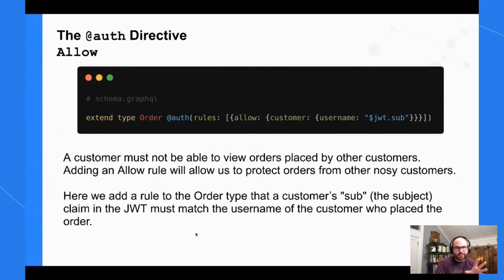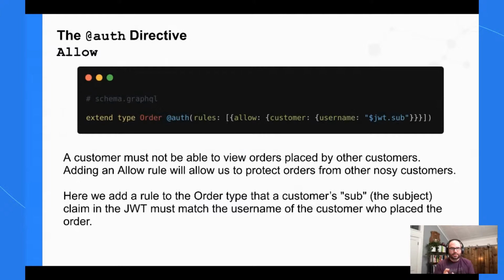The allow directive is a bit more complex, and this is where we're actually comparing values in the JSON Web Token to values in the database. So in this example, we're saying that only a user can access their own orders.